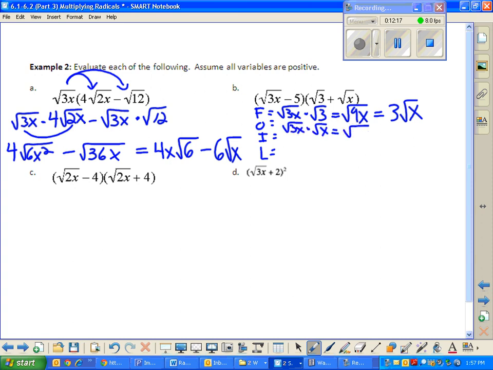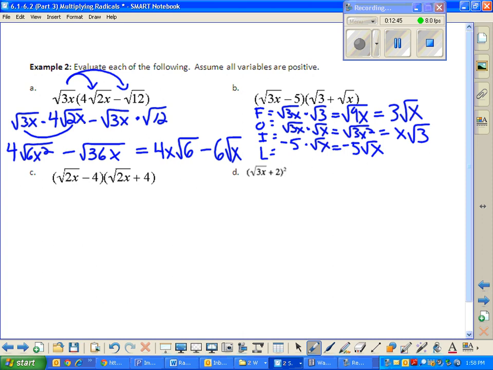That is the square root of 3x squared, and just like the one Bailey was asking about, the square root of x squared is just x. And then the square root of 3 we can't simplify, so that stays. Inners, you have negative 5 times the square root of x. That is just negative 5 root x. You can't multiply those together because they're not both underneath a radical. So one stays outside, one stays underneath.